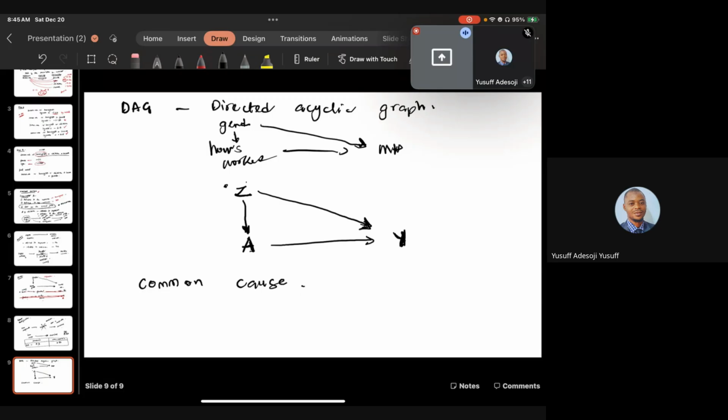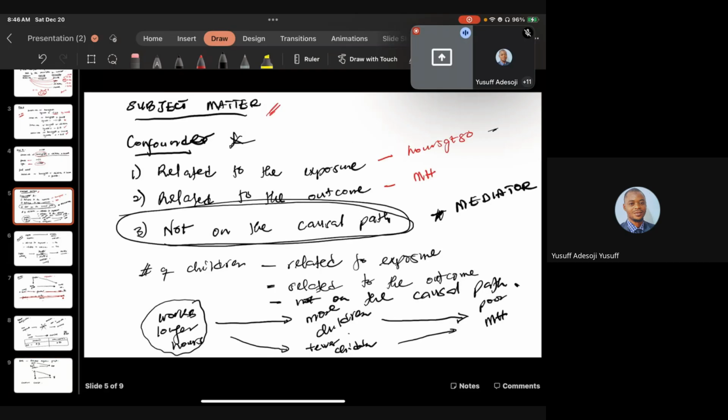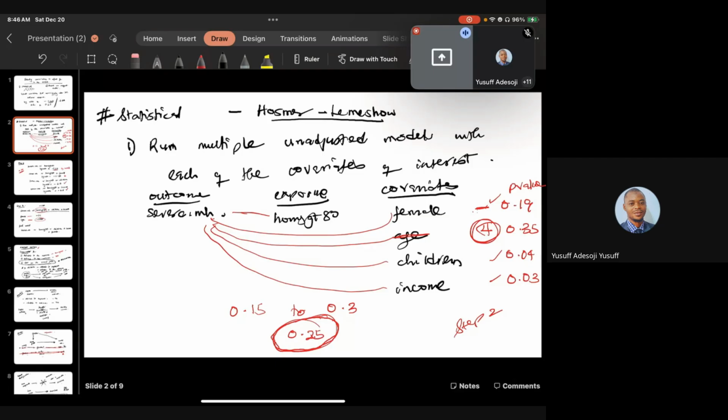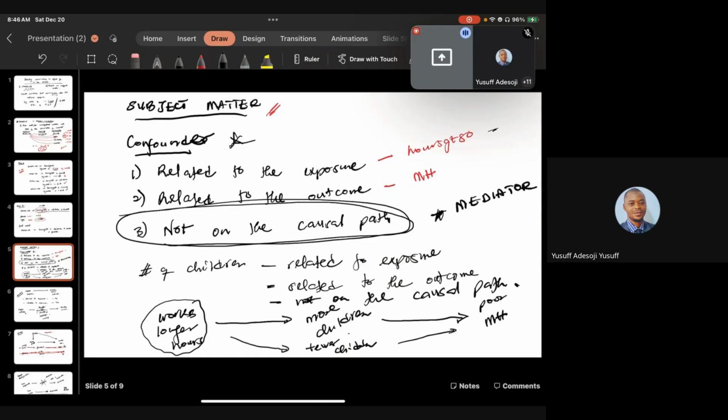And you could actually present this DAG in your paper. So you draw a DAG that represents all the confounders that you thought about. So instead of going through this list statistically like we went through, you'll go through this list based on subject matter, and whichever variables qualify as confounders, you will add them to the model.